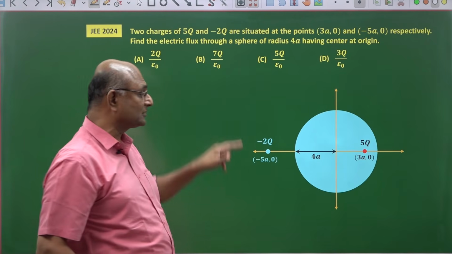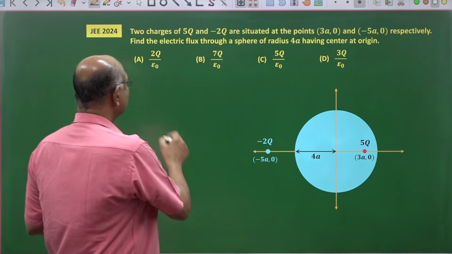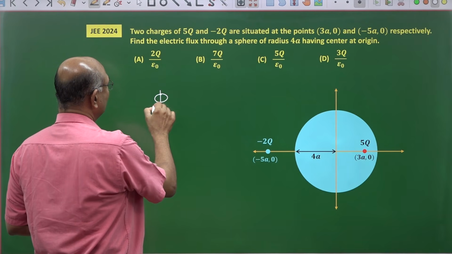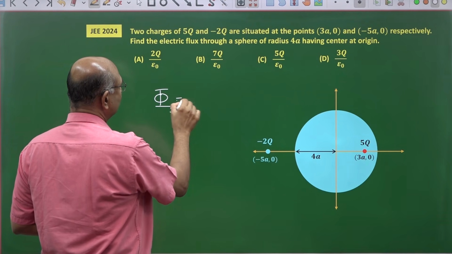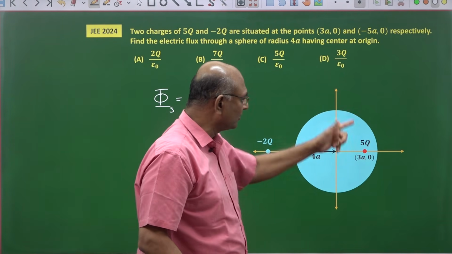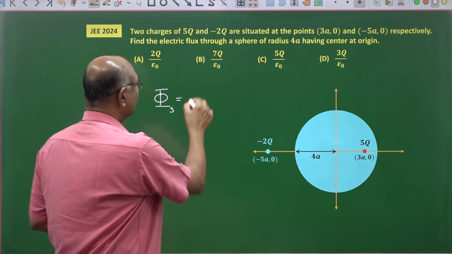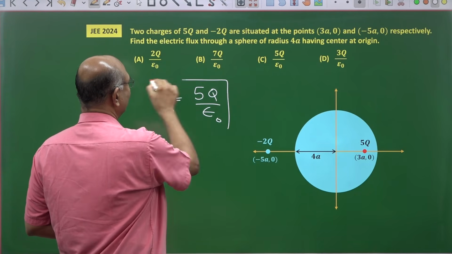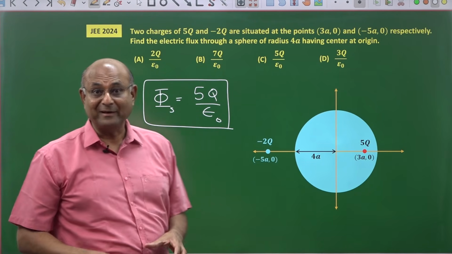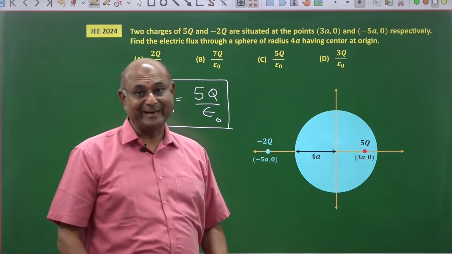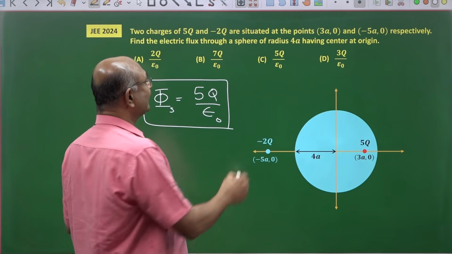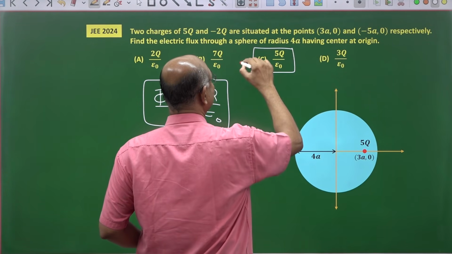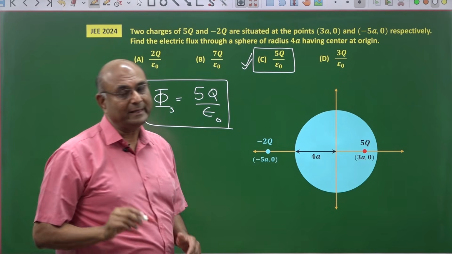This does not count because it's not inside. Only that is inside. So the flux through the sphere is q inside by epsilon naught. Q inside is phi q. So phi q by epsilon naught. That's it. Actually, this is not even one step, right? The moment you draw the diagram, you can immediately answer. And so the answer to this question is phi q by epsilon naught.